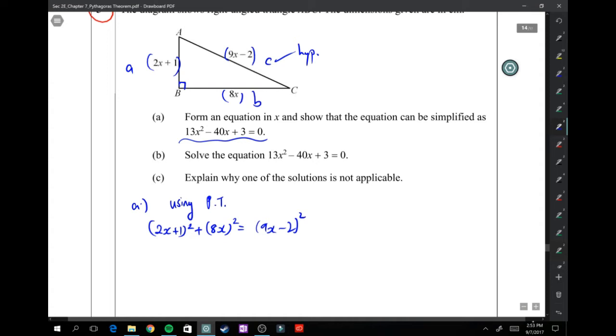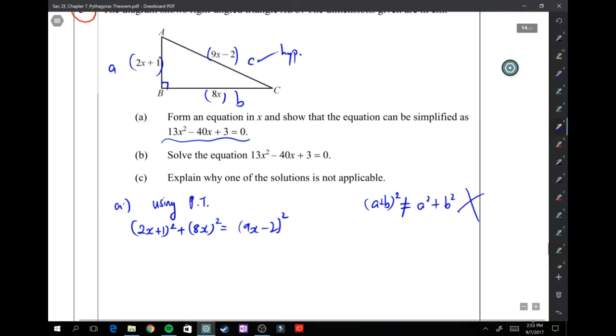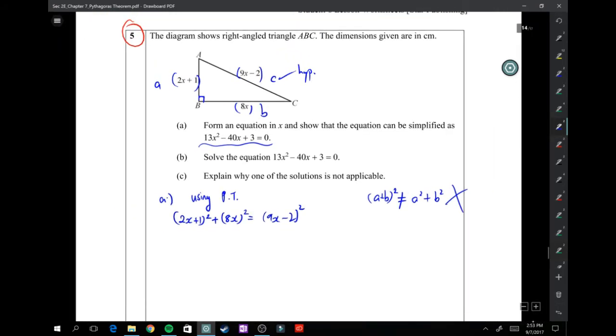Now please remember that (a plus b) the whole thing square is not equal to a square plus b square. When doing algebra you are very prone to this kind of mistake, so please take note, this is wrong. Now what we're going to do is the old umbrella method.